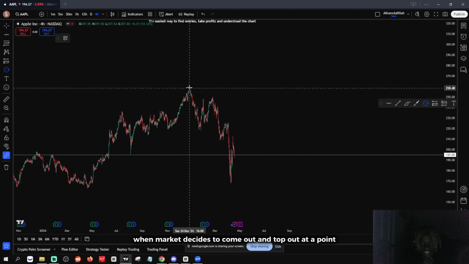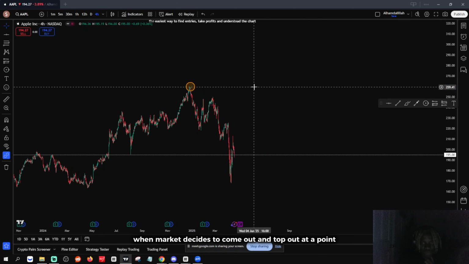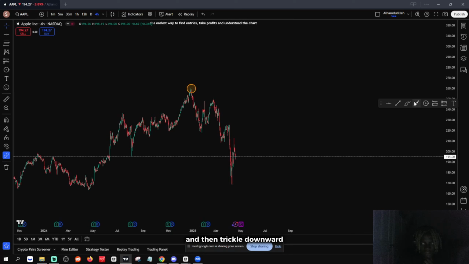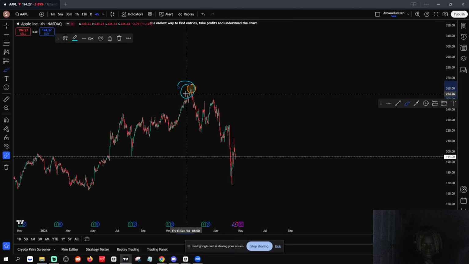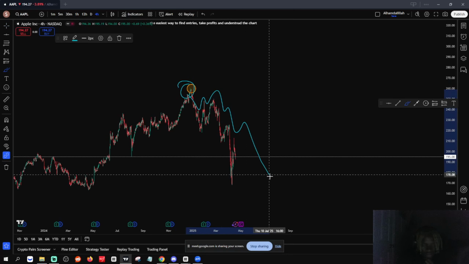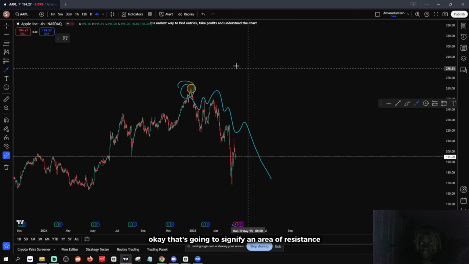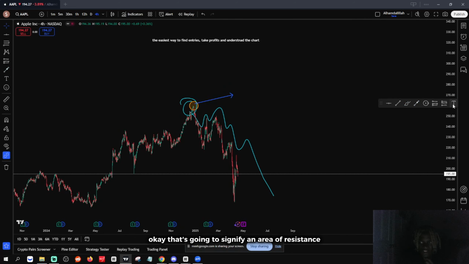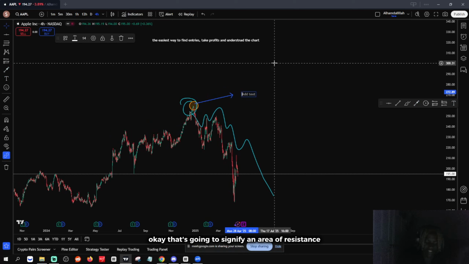When market decides to come out and top out at a point and then trickle downward, okay, that's going to signify an area of resistance. So resistance is an area where price decides to fall downward from and sellers step in.